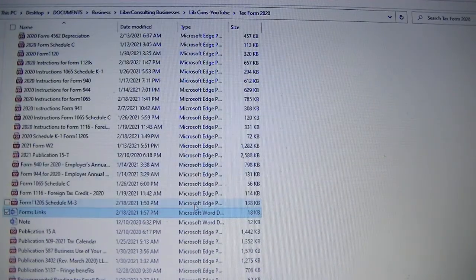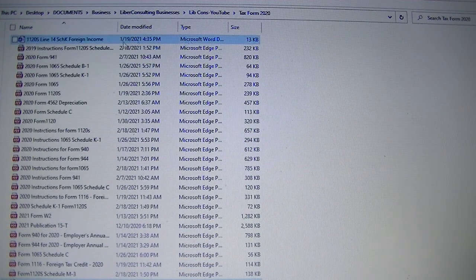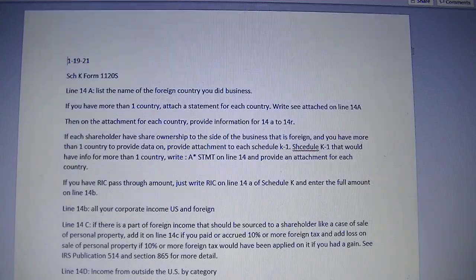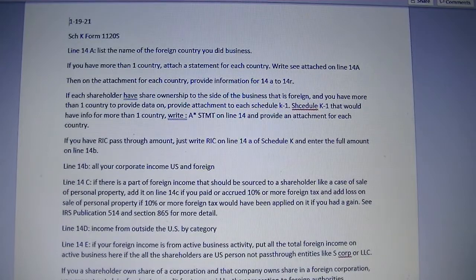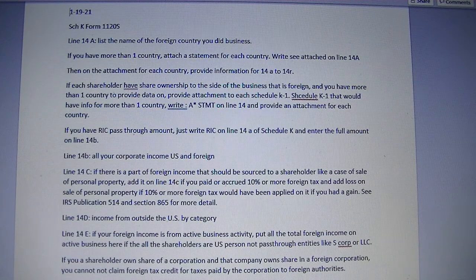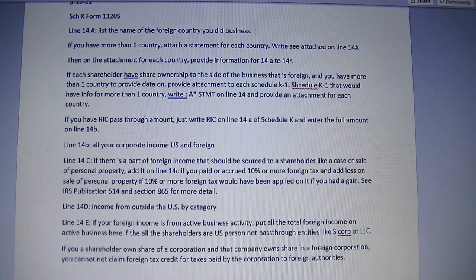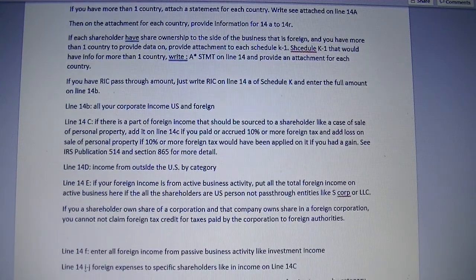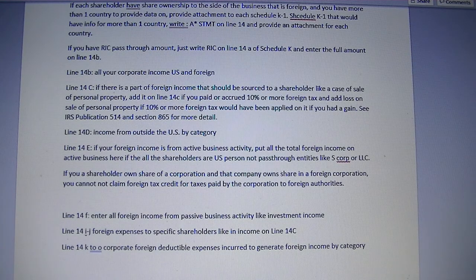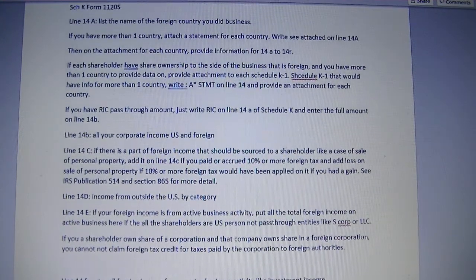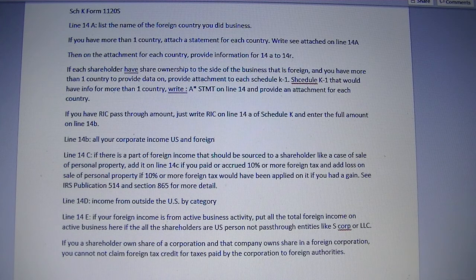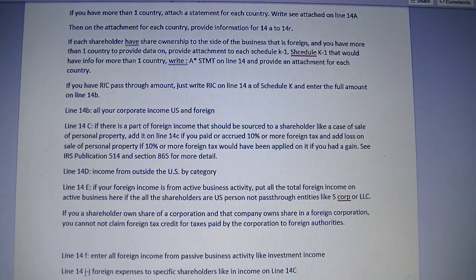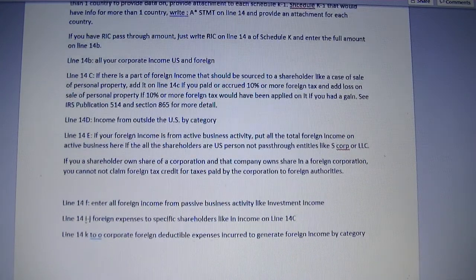Let's see here. So my note is for S corp, but the idea will be about the same. I believe I'm looking for the passive.